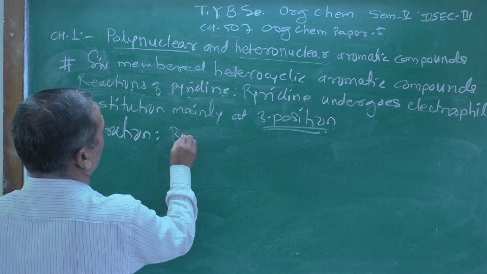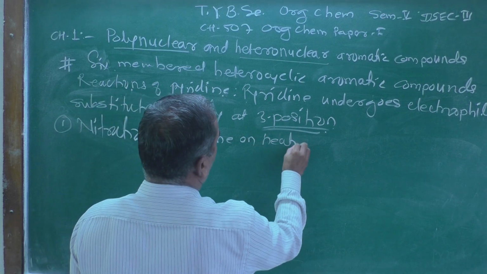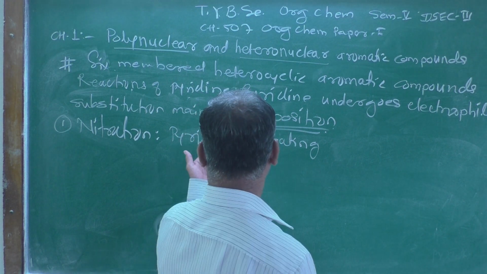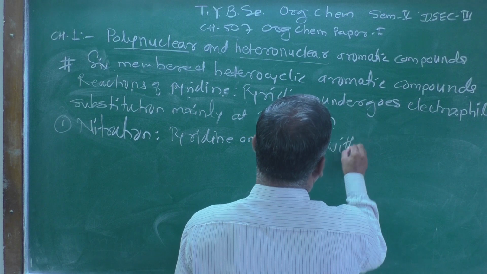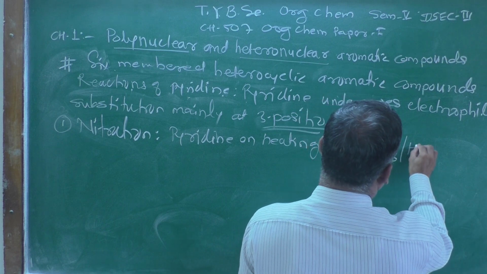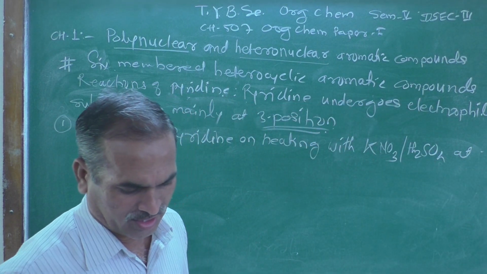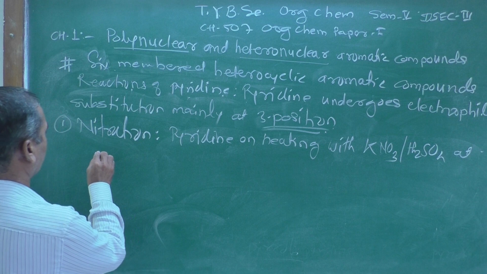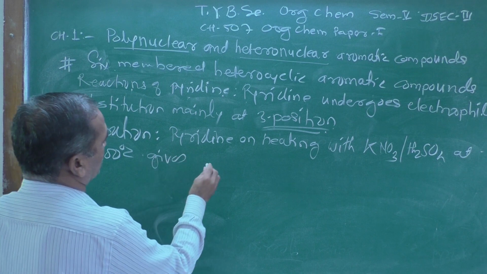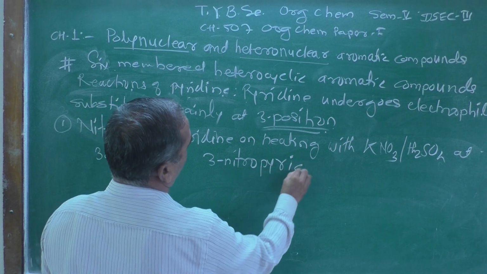Pyridine on heating with KNO3, potassium nitrate, in presence of H2SO4 at 300 degrees centigrade gives 3-nitropyridine.